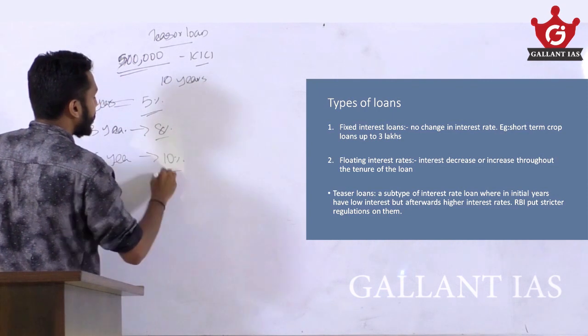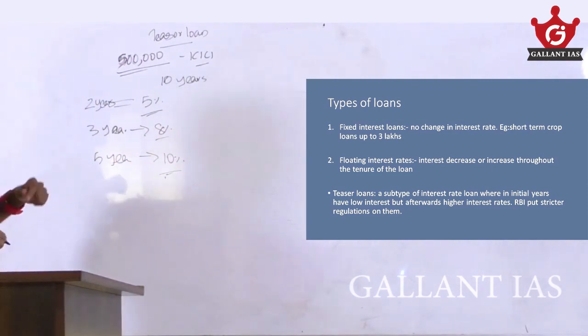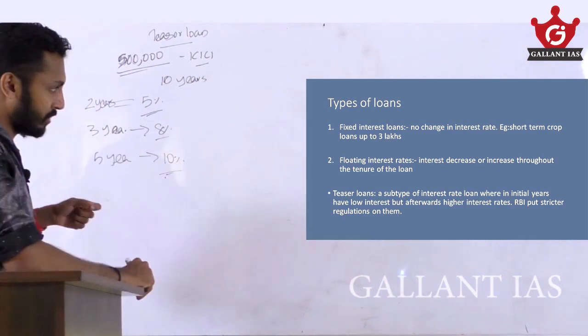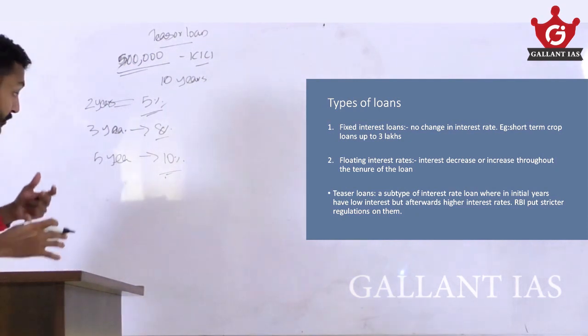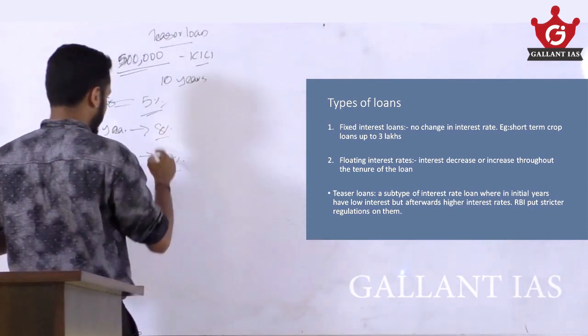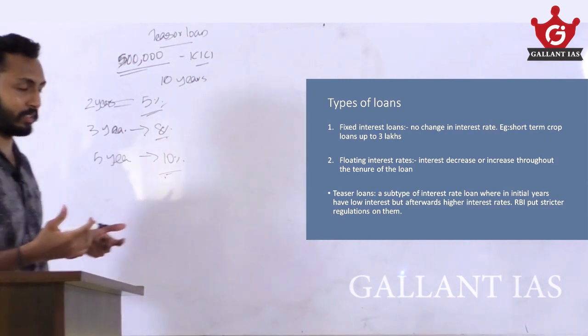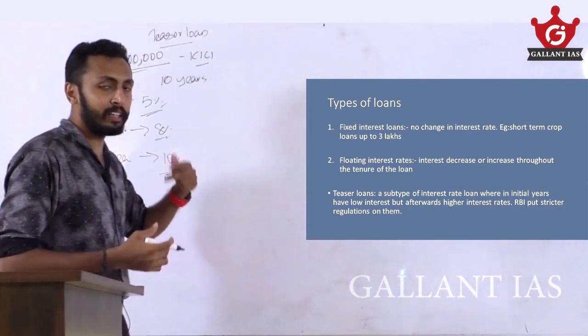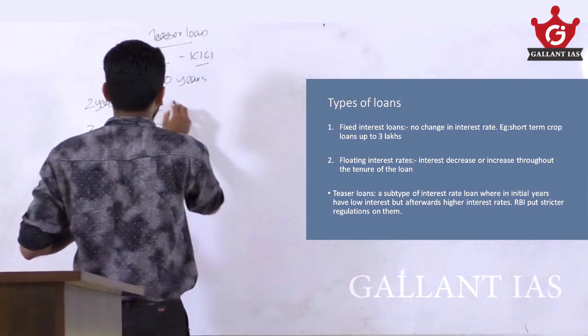So here the interest rate is increasing year by year. So these are teaser loans: the first 2 years just 5%, the next 3 years 8%, and after that 5 years 10%. This increasing interest rate is the speciality of teaser loans.